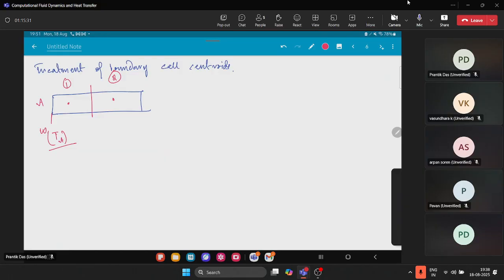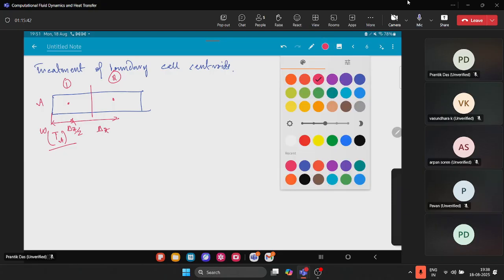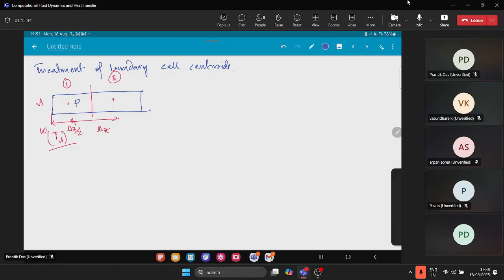These are called the boundary conditions. This is delta x divided by 2, and this one is delta x. So this is P, my cell centroid of interest, and capital E is the eastern cell centroid, which is adjacent to the cell centroid P on the eastern side.